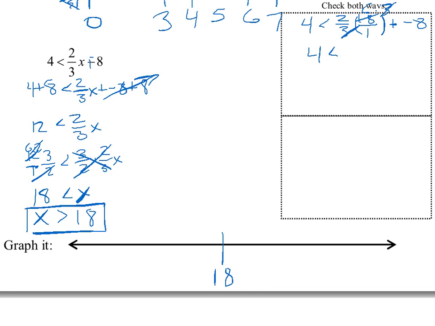Gets my 3's to cancel out. Gives me 12 plus -8. And my first check, I want things to come out equal. And sure enough, 12 plus -8 equals 4, which is equal to 4. All right, now we want to go ahead and finish this. We have an open inequality. X is greater than 18.